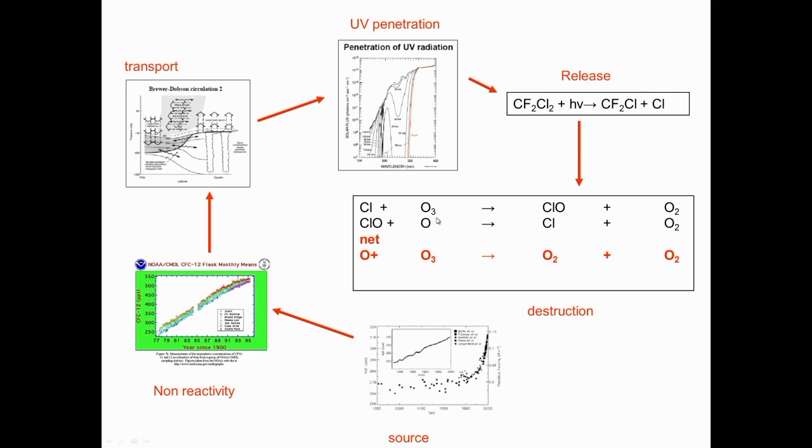The chlorine plus the molecular ozone leads to ClO. The ClO can react again with atomic oxygen to reform your Cl, and you net ozone destroy about 100,000 molecules for every single release of chlorine. So that's just a summary.